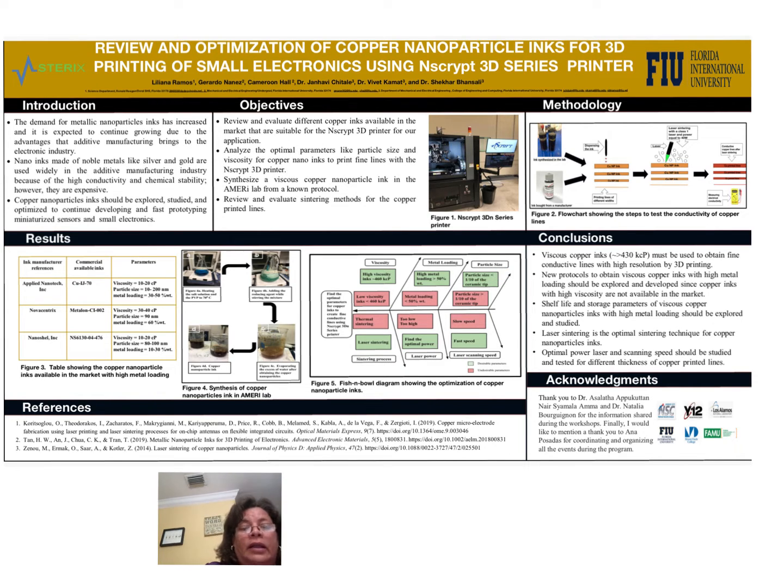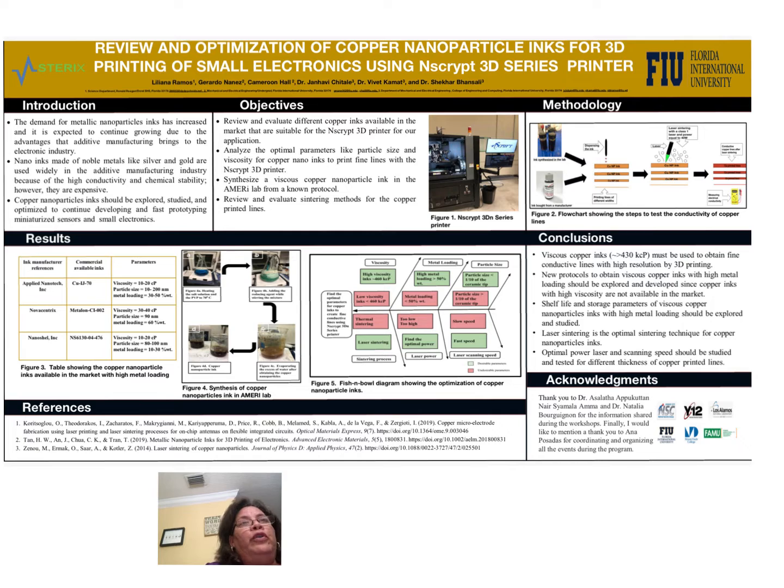And the last parameter that we were analyzing for the ink in this research is the particle size. Why particle size? Because remember, we are using a ceramic tip that is going to be micro dispensing the ink on the substrate. You don't want that tip to be clogged, because you want an end product with high quality.